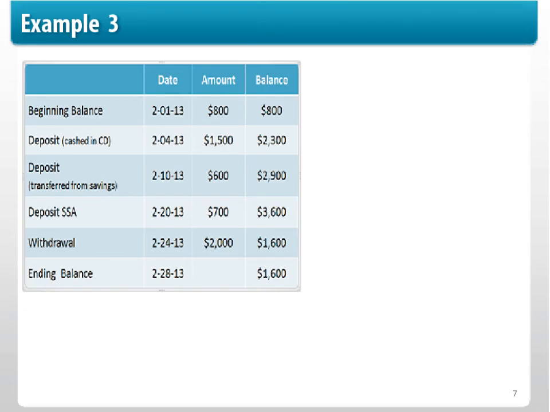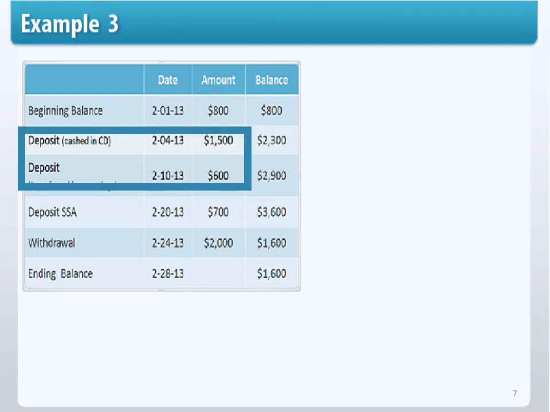In this example, we have several different types of transactions. Let's look at the deposits that were made on the 4th and on the 10th of the month. One deposit on the 4th was for $1,500. The next deposit on the 10th of the month was for $600.